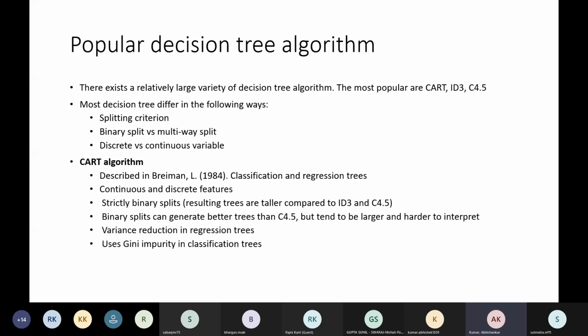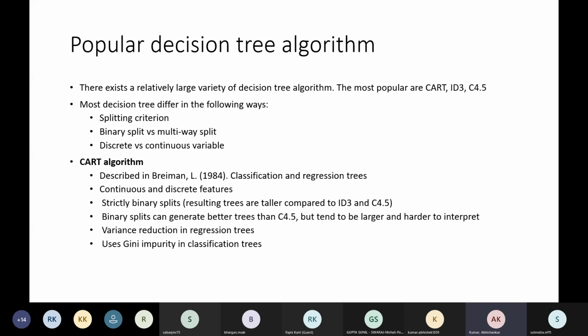Have you understood how these algorithms vary from each other? The way they split the tree, whether the split is binary or multi-way, or the way it handles variables, continuous versus discrete. In this course we are going to use the CART algorithm.